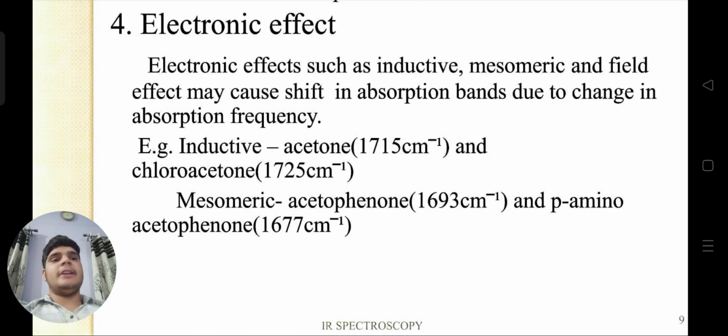The fourth factor influencing is the electronic effect. Electronic effects such as inductive, mesomeric, and field effects may cause a shift in the absorption bands due to a change in absorption frequency.